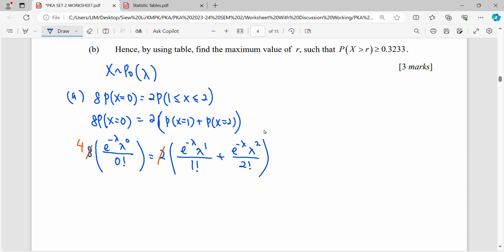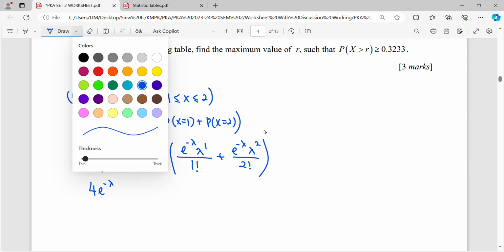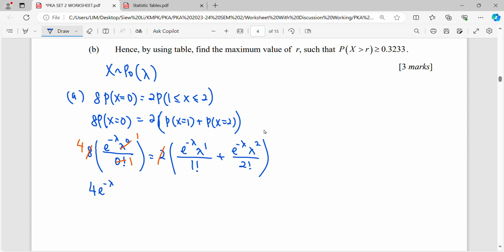Simplify your left hand side for e to the negative lambda, lambda power 0. Lambda power 0, you get 1. 0 factorial, you get 1. So your left hand side will be equal to 4e to the negative lambda.